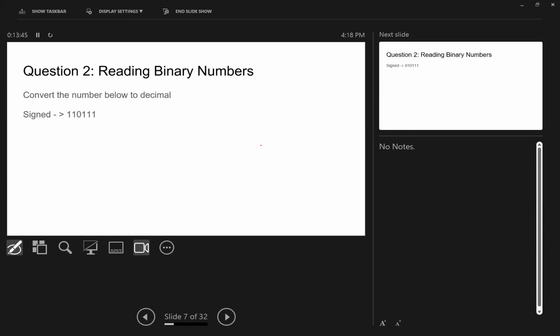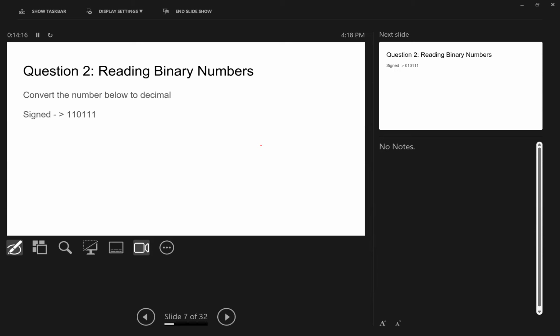So we are just trying to read in the binary numbers, and we're going to convert the number below to decimal, and you can see from the problem set. So we say these notations are sign magnitude notations. So you are going to transform these numbers back to decimal notations according to the principle we talked about for the sign magnitude.